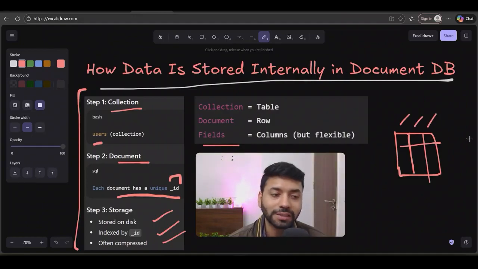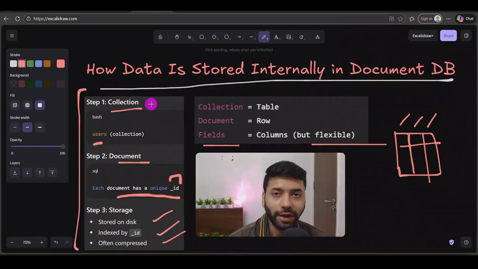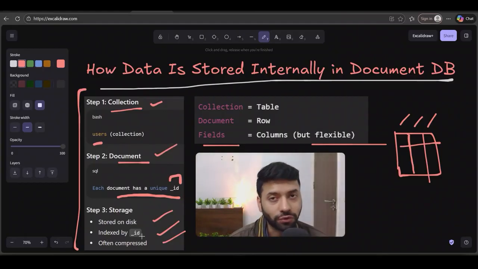But the important part is that in an SQL database, the structure or the schema was fixed, whereas in a document database, the schema is flexible. So the fields in a document database will be flexible, right? So in a document database, we have collection, document, fields. And when we talk about storage, it is stored on disk, indexed by ID, and often compressed.